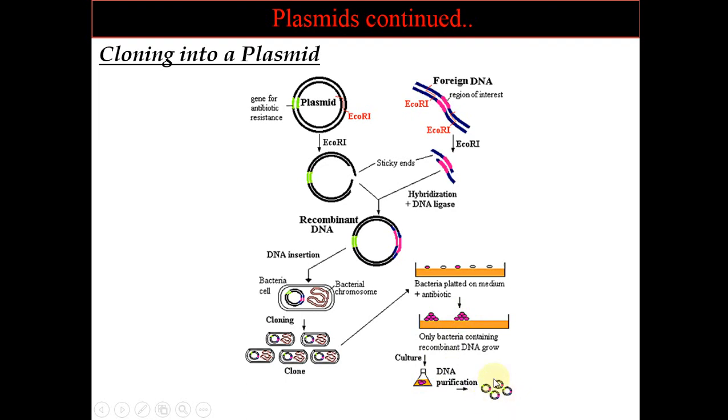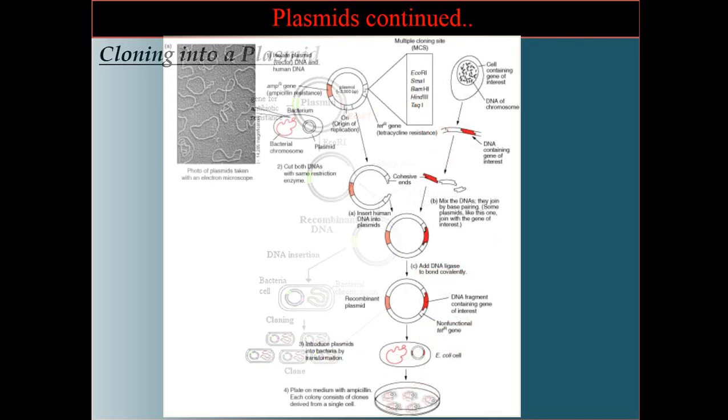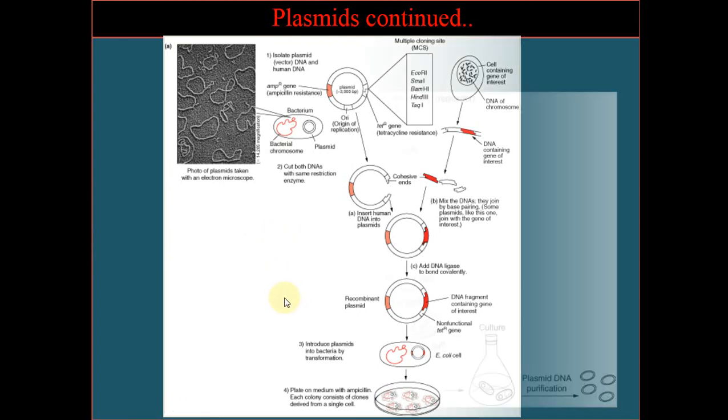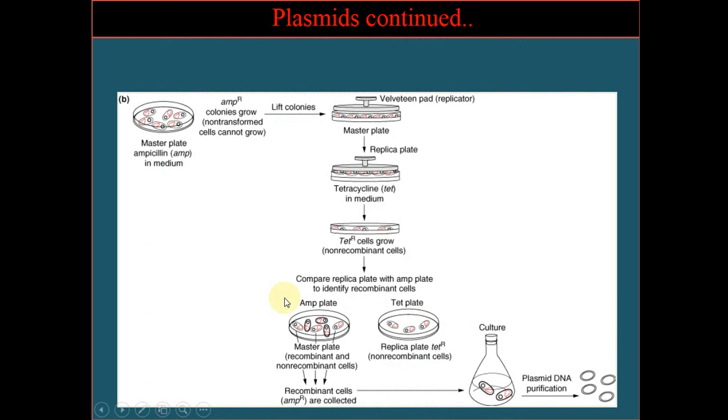If you are interested in protein production, you can extract and purify proteins out of it. Okay, so the same picture is given here. The same is given here with the help of the replica plating method.